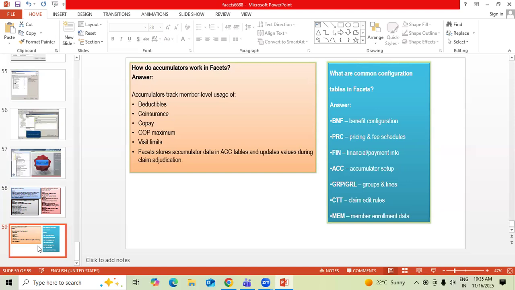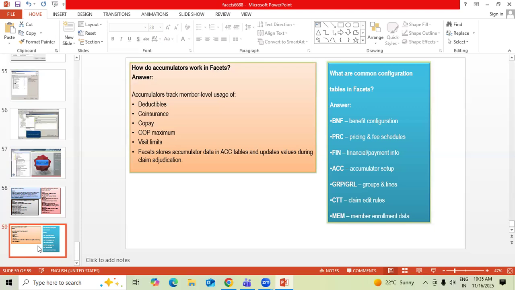Visit limits, all these. Facets stores accumulator data in the ACC tables, and the updates to the values during claim adjudication are all part of accumulators. This is how accumulators generally work in Facets.